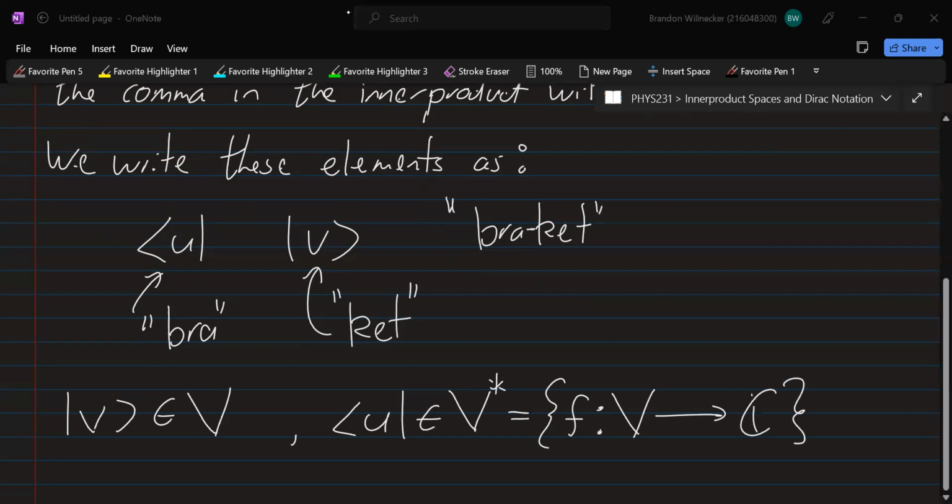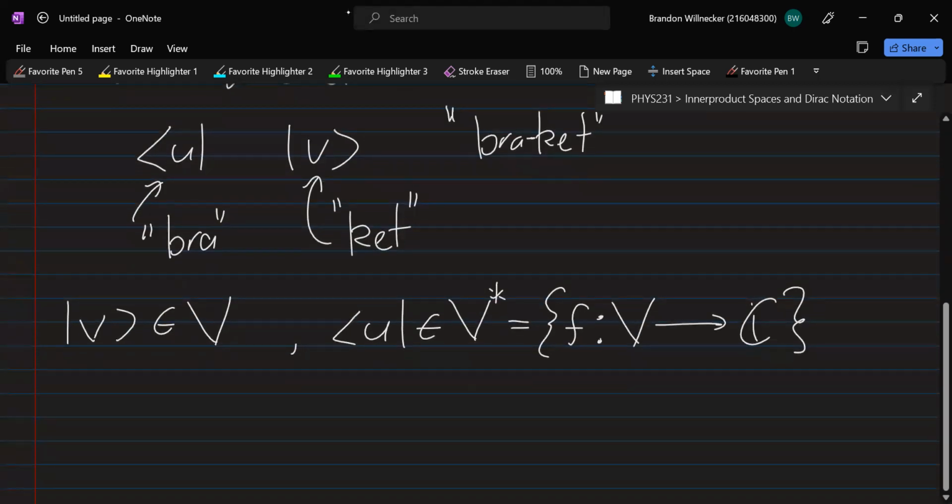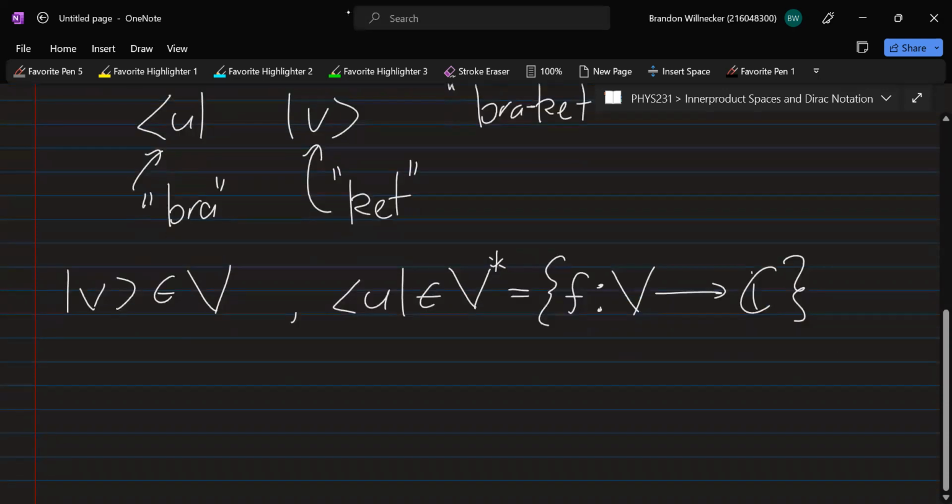So together, this u and the v, instead of being an inner product on two vectors, we now take that same operation and interpret it as u, which was previously a vector, as a function from the vectors to the complex numbers.